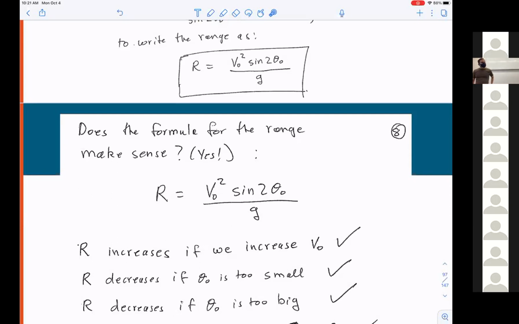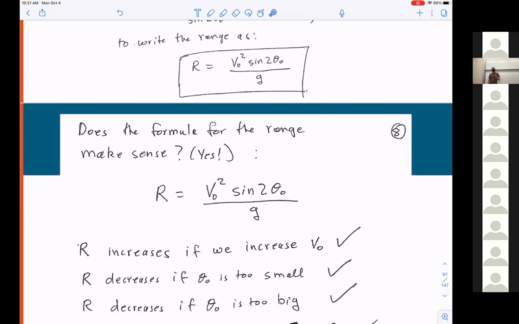On the other hand, notice that if theta naught is too big, let's take the extreme example where theta naught is 90 degrees. That means you're launching it straight up. What should the range be?